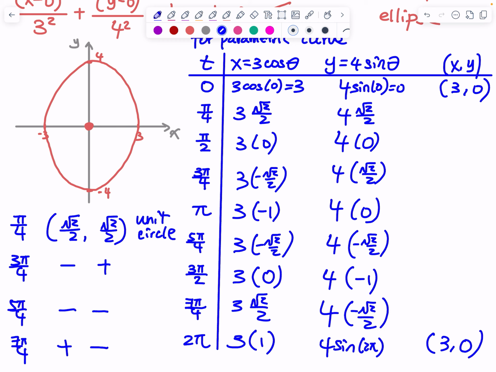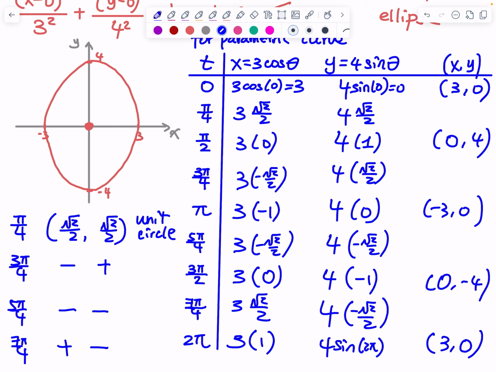Okay. I keep getting this wrong. Sine of pi over 2 is 1, so that is 0 comma 4. And then this is negative 3 comma 0. And then this is 0, negative 4.